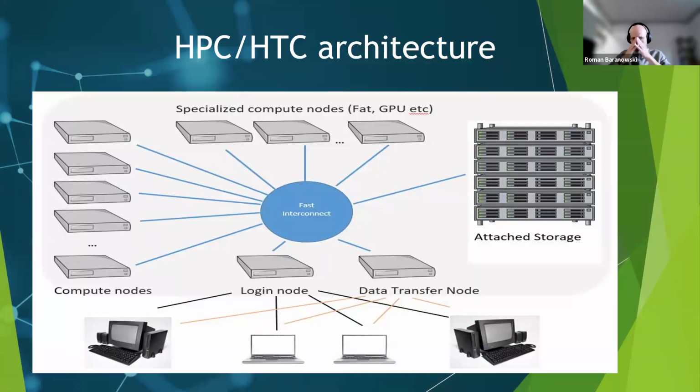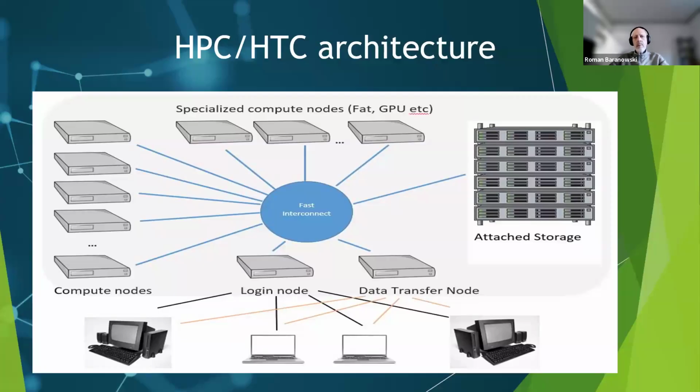So now, what is the architectural design within HPC and HTC architecture? In essence, this is a system comprised of many computational nodes. In addition to the pure CPU-based compute nodes, we have specialized compute nodes equipped with multiple GPU units. We have nodes which have much more memory per core than the ordinary compute nodes.